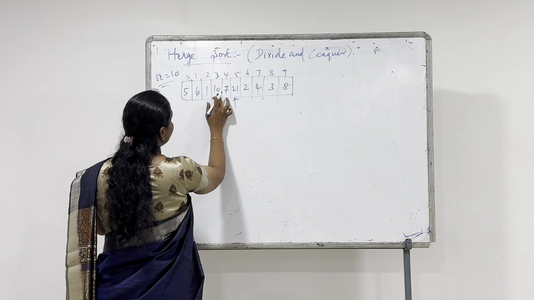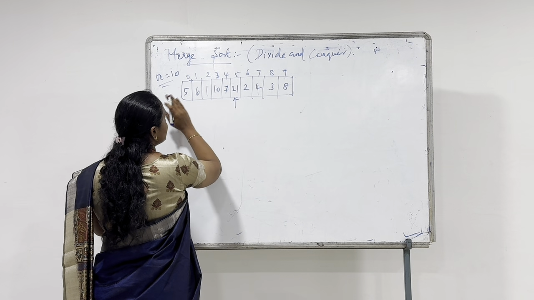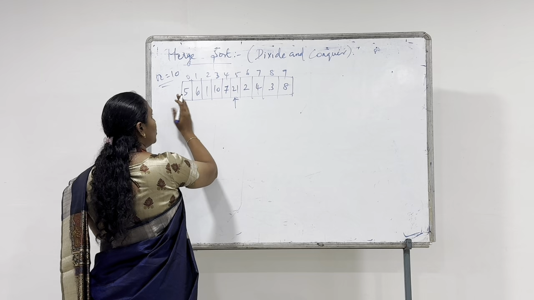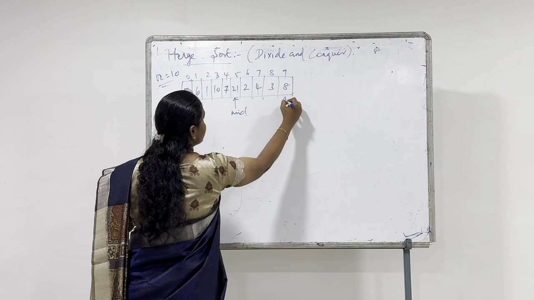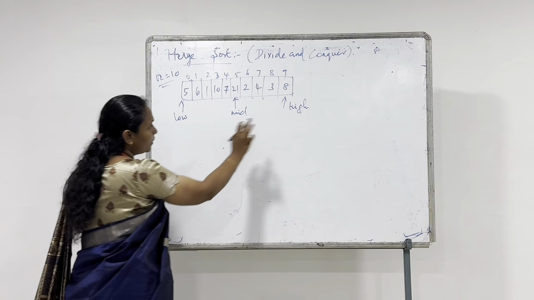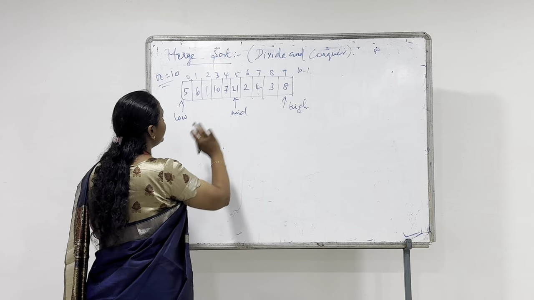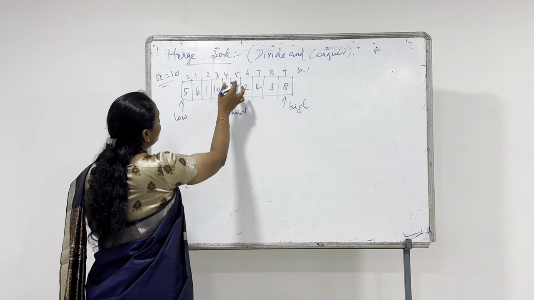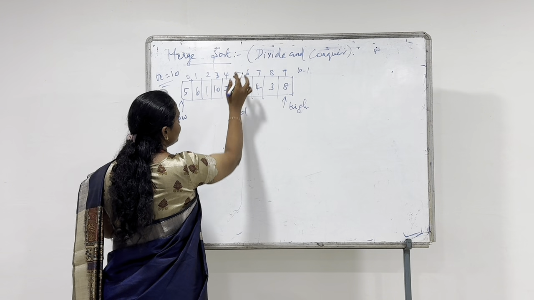Take this as low, this as mid, and this is high. Low points to index 0, high points to n minus 1 position, and mid is low plus high by 2. So 0 plus 9 by 2, take the floor value, which is 5.